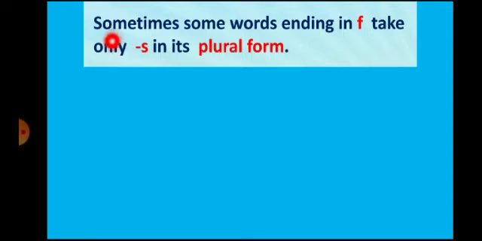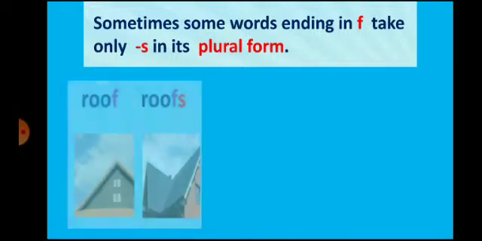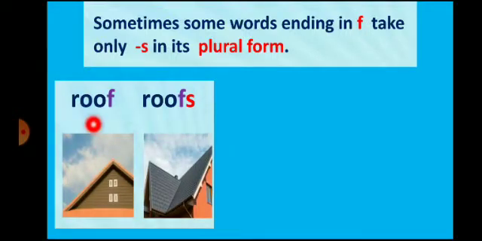Okay children. Again I have told you about naughty words. So here are also some naughty words. Sometimes some words ending in f take only s in their plural form. Now the first word is roof. So f is not cancelled and we do not write ves, but it takes simply s to make its plural.